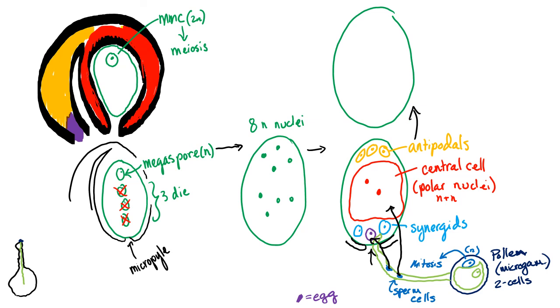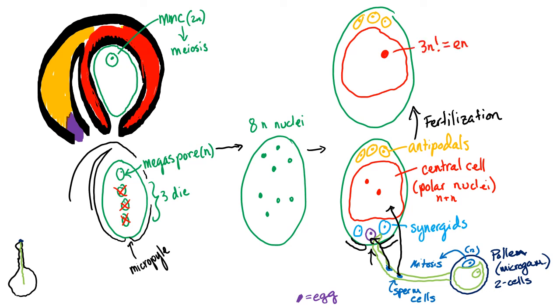So what we'll end up with, so this is after fertilization. We'll still have our antipodals. Our central cell will now have a single triploid nucleus, and it's called the endosperm, this large cell.